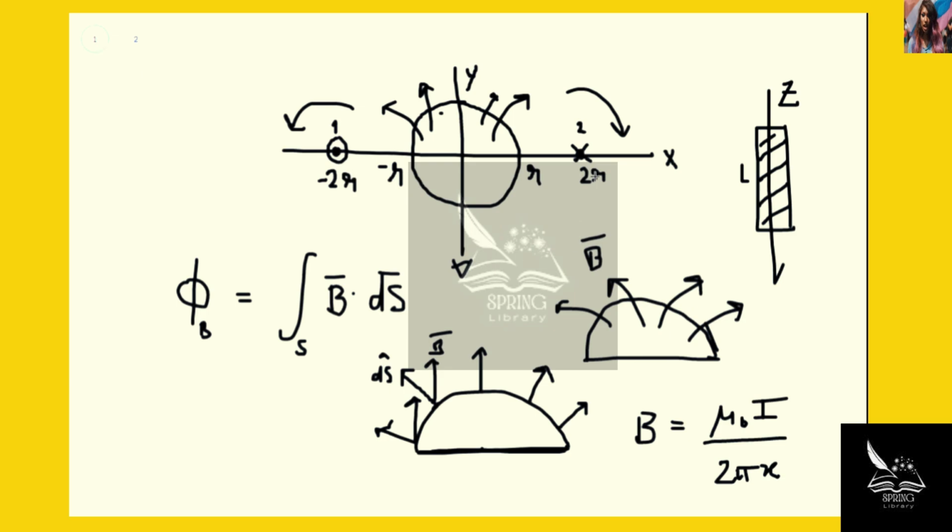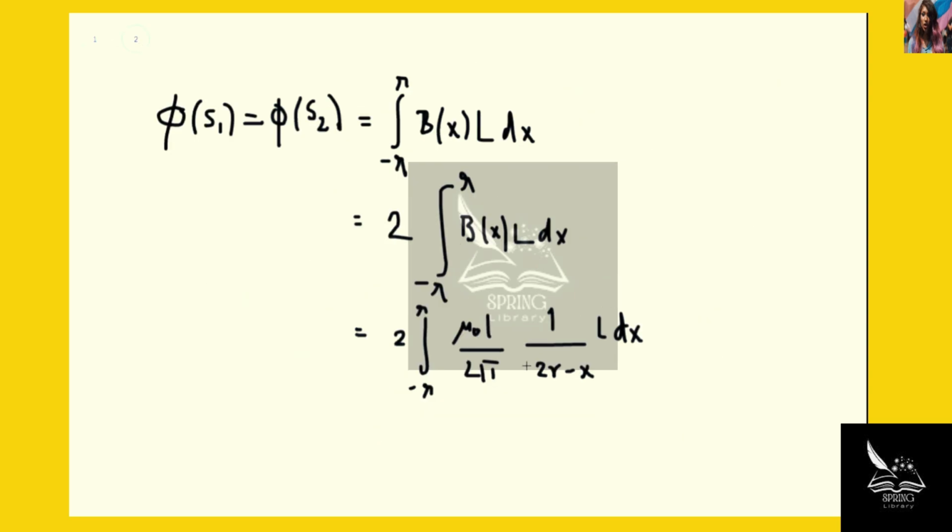Both our wires are displaced by 2R from the center. The formula would be mu naught I over 2 pi into 2R minus x, and we integrate dx over 2R minus x.